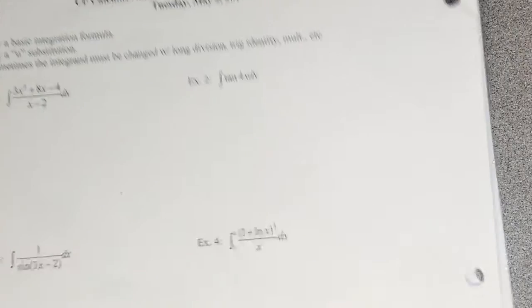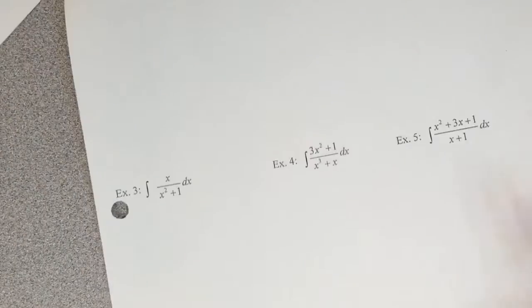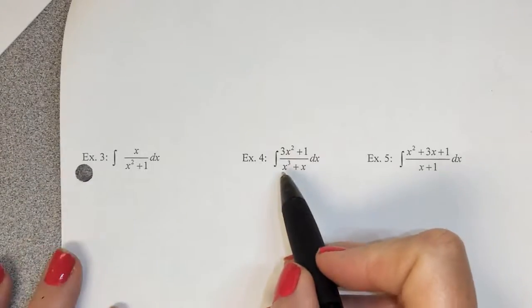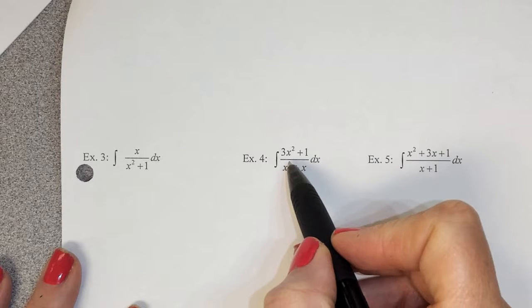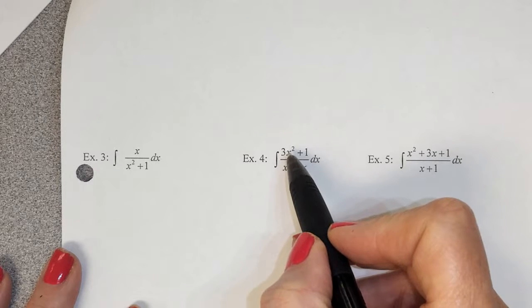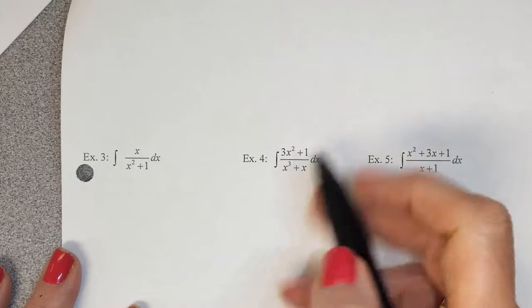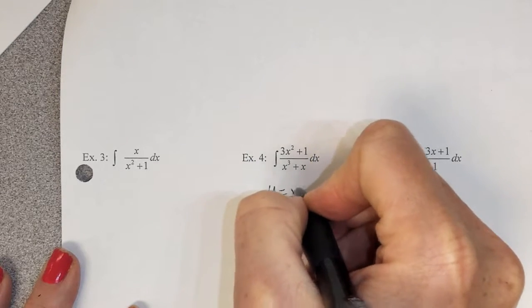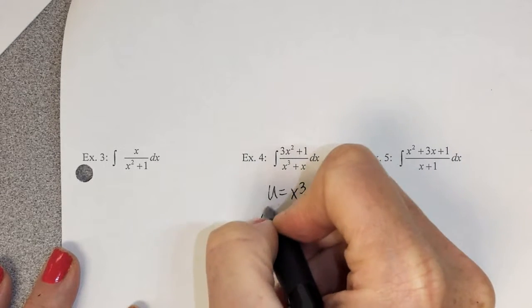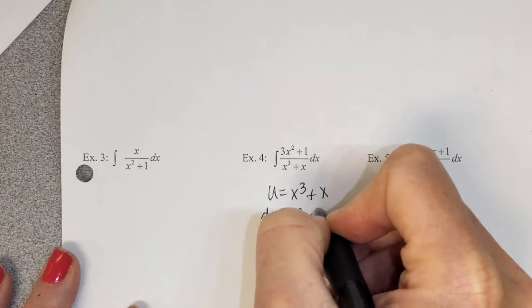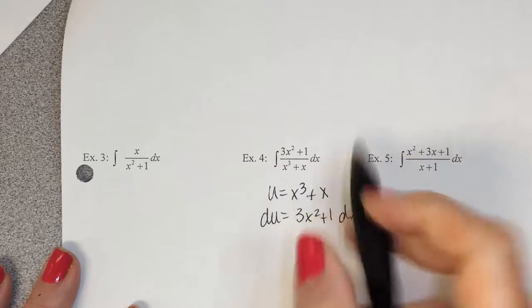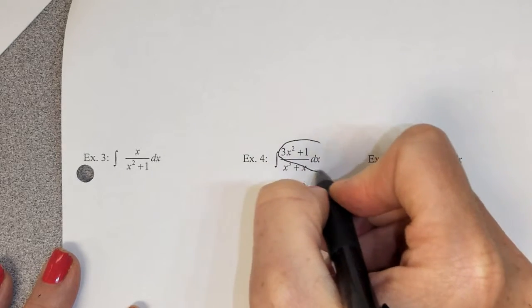The u substitutions only work on this kind when the power in the denominator is greater than the power in the numerator. Because here, if I do a u substitution, that derivative was 3x squared plus 1 dx, and that was equal to the rest of the problem.